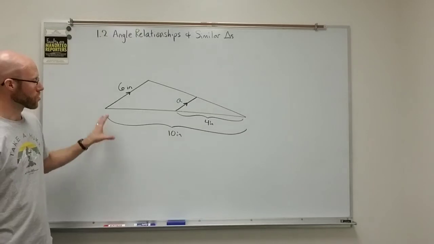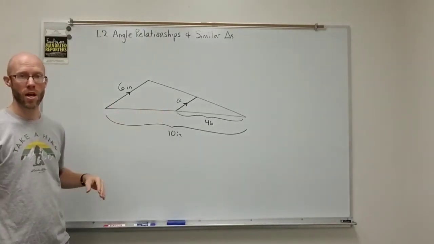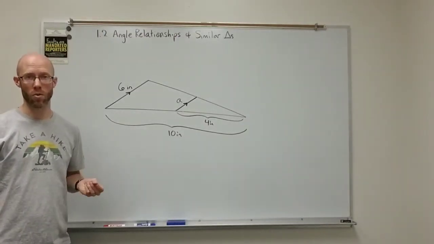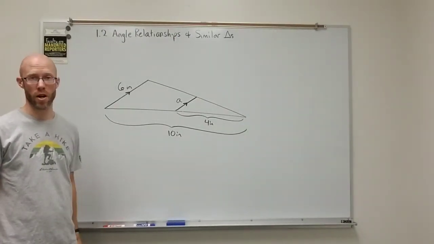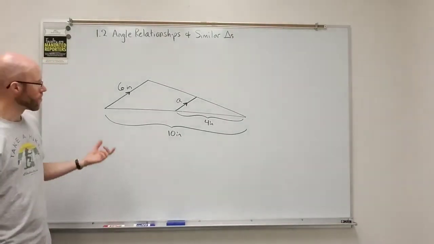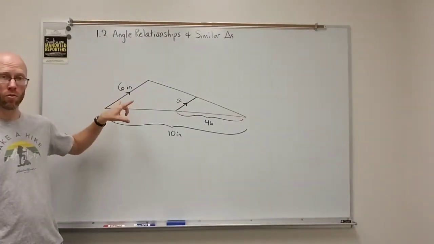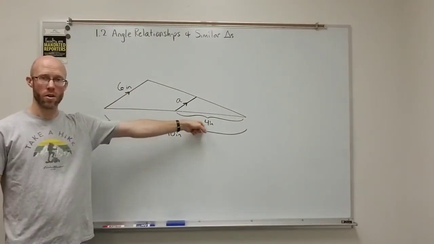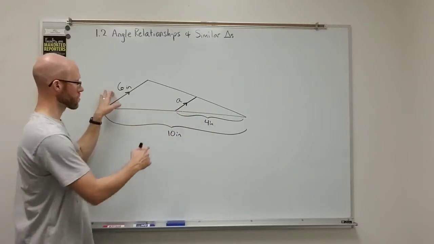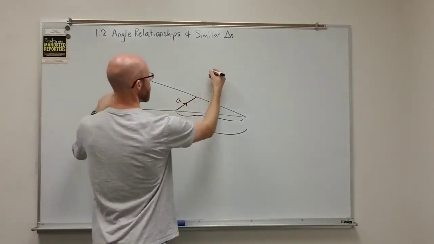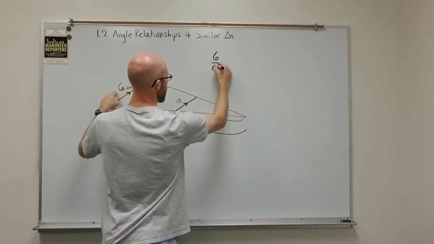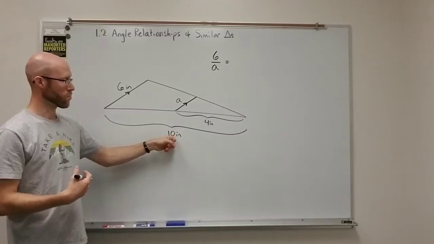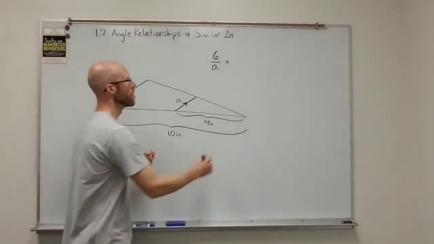All right. And so to find the missing side, I'm going to use the idea that the ratio of corresponding sides are equal. That's our theorem for similar triangles. Okay, and so I'm going to set up 2 fractions where you take corresponding sides of the 2 triangles and divide them. So corresponding sides are 6 and A. And we know those have to be equal to the ratio of 10 to 4.